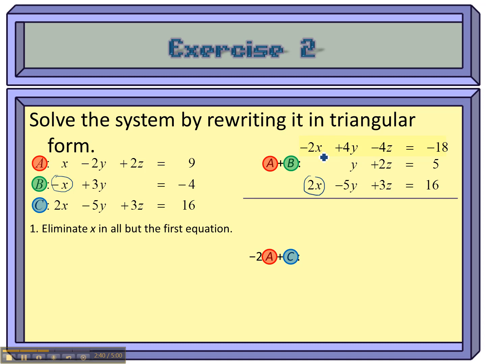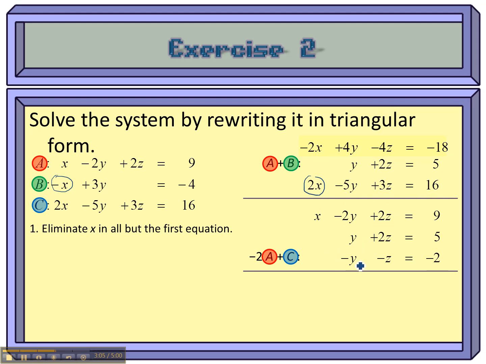So there we go. So just remember, the original equation A is going to stand. This equation for B is going to stand. The only thing that's going to change is C. So its new equation is going to be 0, 1y, negative z, and negative 2.